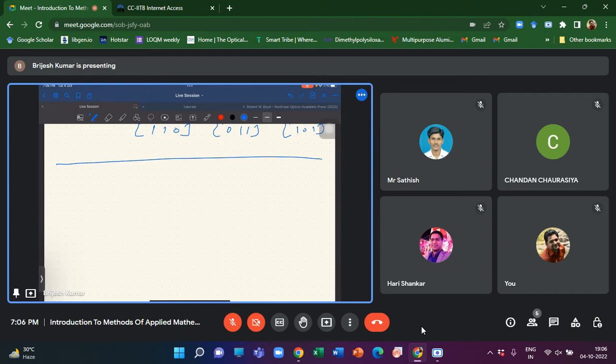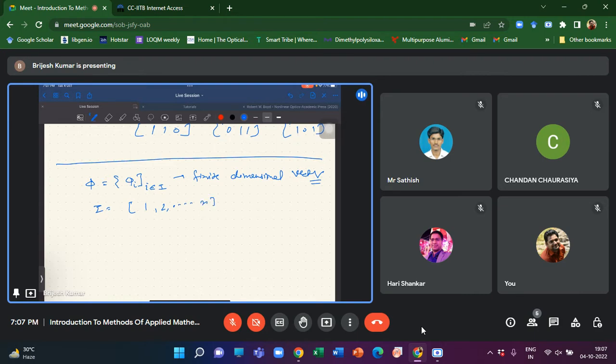We have a subset Φ, which is ψ_i, where i belongs to some index set I. We consider some finite dimensional vector space, that is B, where I will be something like 1, 2, 3, up to n.